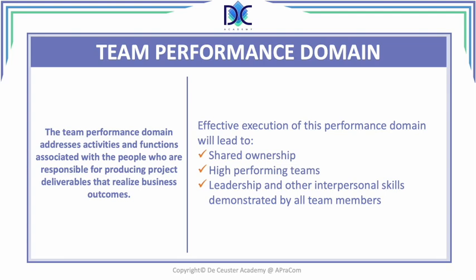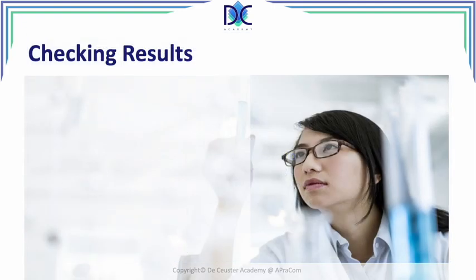So this is a very important element that we have to verify. We have to verify these three elements: the shared ownership, the high performance teams, and the leadership and other interpersonal skills demonstrated by the people. So let's have a look at the first one.